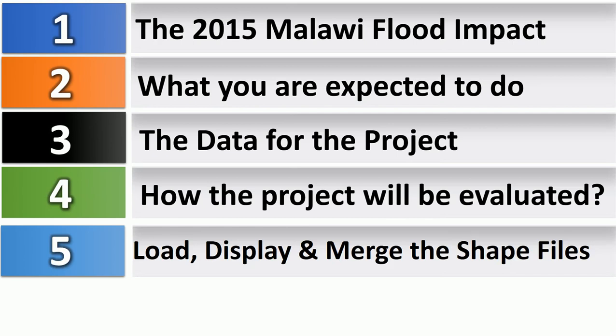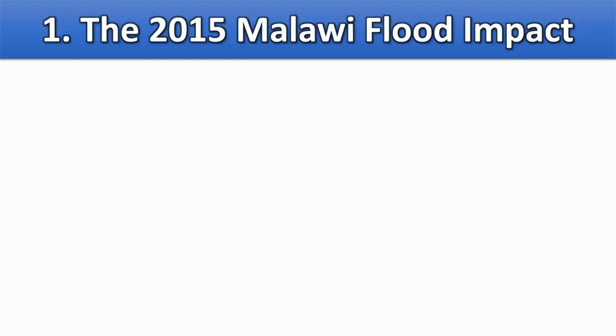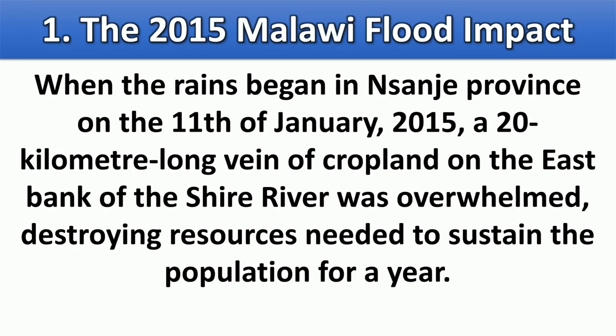Number 5 is the practical aspect where we switch on to QGIS and learn how to load, display and match shape files, then how to limit the shape map to that of Malawi. All right, so let's start straight away and talk about the 2015 Malawi flood impact.